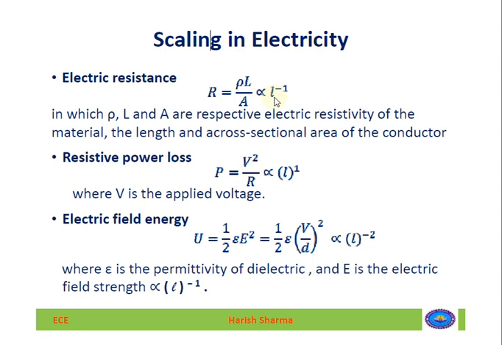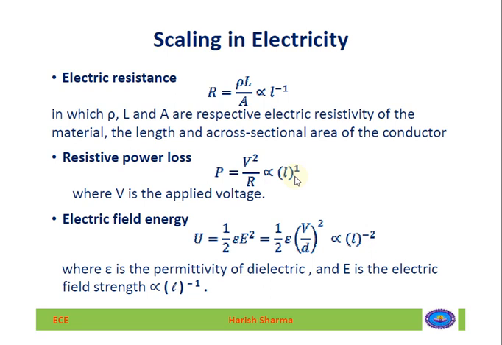Then the resistive power loss is P equal to V square upon R. For a given voltage, P is inversely proportional to R, which means P is proportional to L. So with an increase in size the power loss will increase, and with a decrease in size the power loss will also decrease.